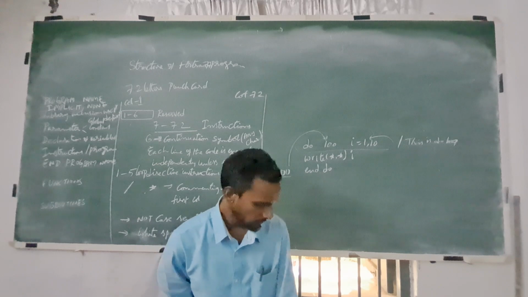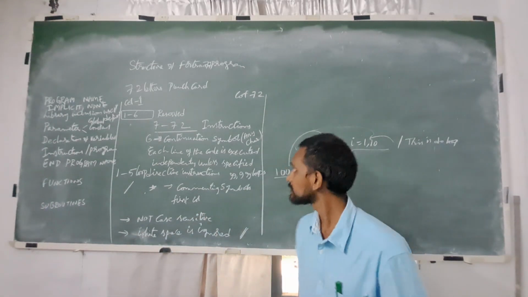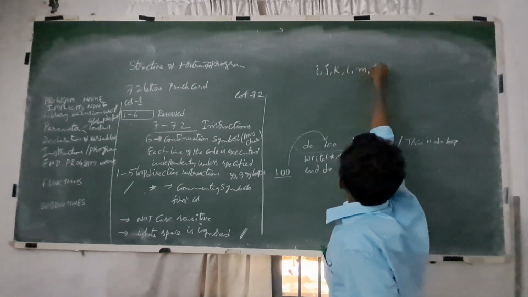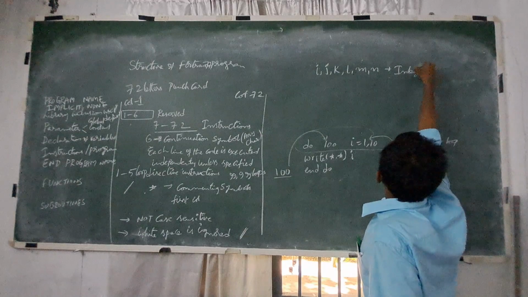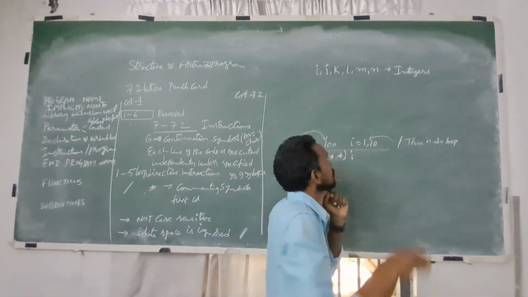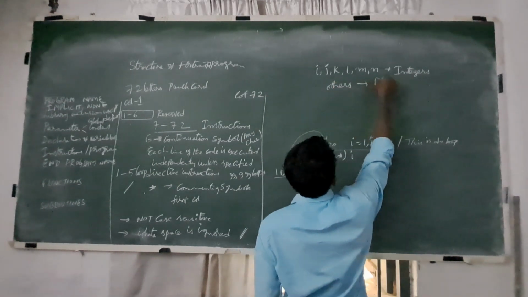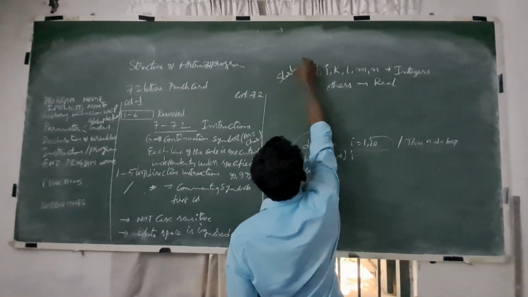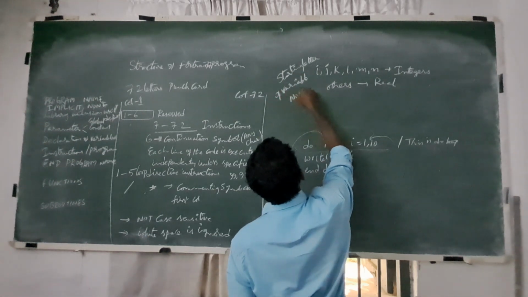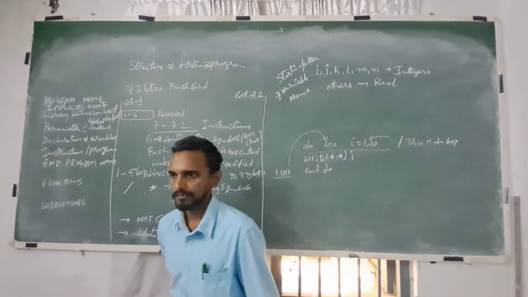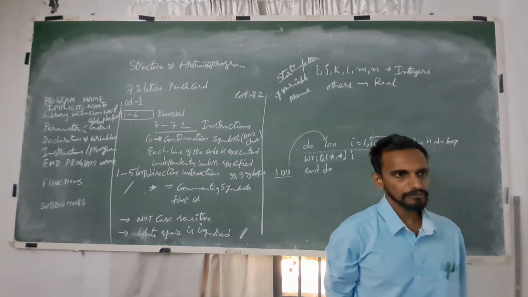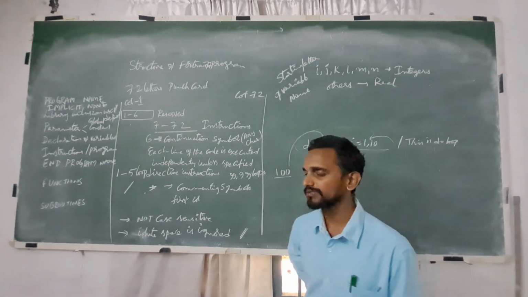The importance of that is, by default FORTRAN considers a few things: all the names starting with I, J, K, L, M, N are considered as integers, and all others are considered as real numbers, unless we specify them.